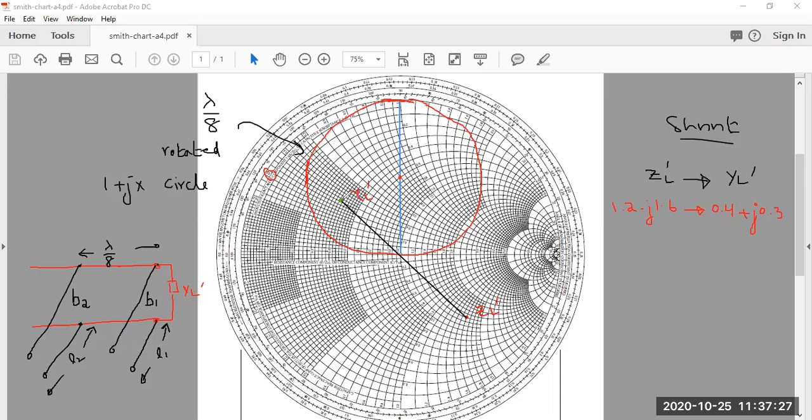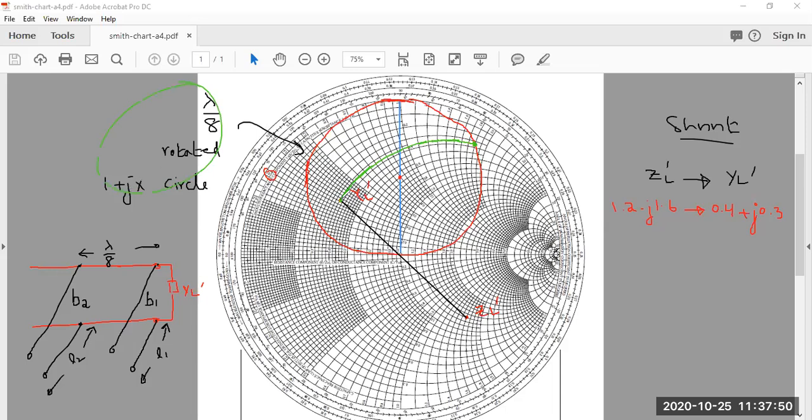So you move on this 0.4 circle, and you find out where you will touch this rotated circle. You can see I stop somewhere over here where I will cross this circle.